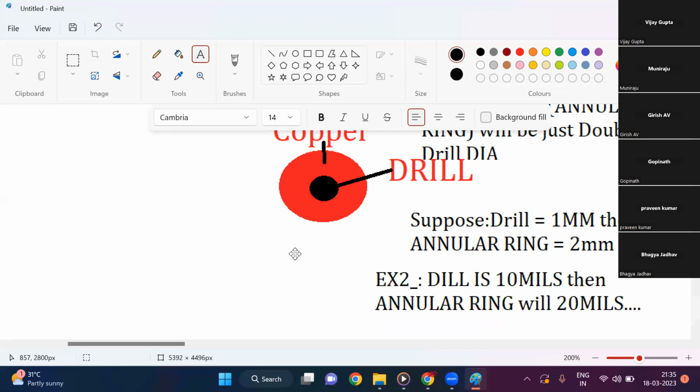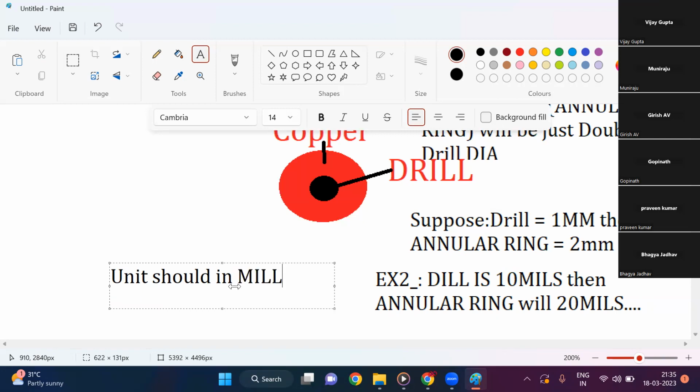The via name would be written like this, and the unit should always be in mil, because mil gives you a better understanding.